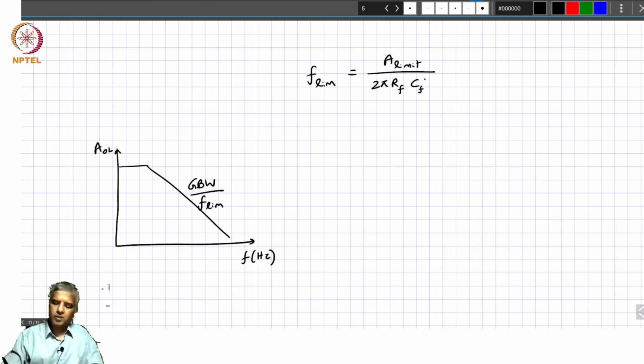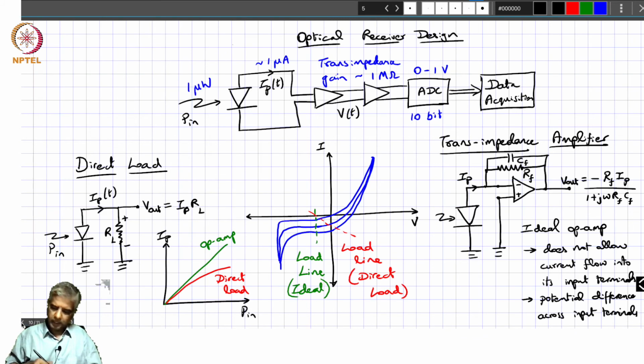But you could also have other terms. You could have a term corresponding to the diode itself. If you go back and look at the capacitance across the photodiode, that's actually in parallel to CF. And there is also a capacitance corresponding to the input of the op amp, which is also parallel to CF.